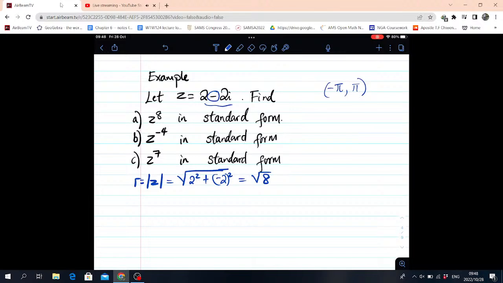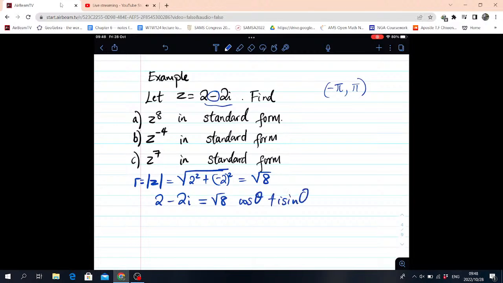So for example, here, let's do it the long way, where you say 2 minus 2i is equal to the square root of 8 times cos theta plus i sine theta.